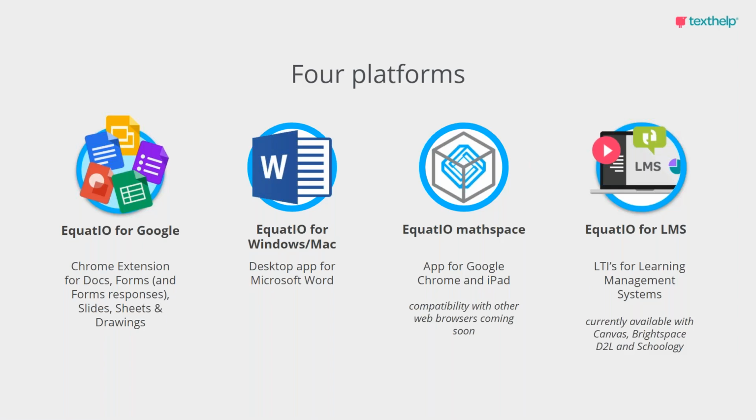EquatIO has 4 major platforms. And like I said, we're going to show you it in Google today. I know that some higher ed is Google, some higher ed is Mac, but you'll be happy to know that it also does work for Windows and Mac on the desktop. So if you're a Google school, use it in Google. If you're a Windows, Mac, Office 365 school, use it on the desktop. We are actually working on a build out for the Microsoft schools with a login to access the Google version in Office 365.